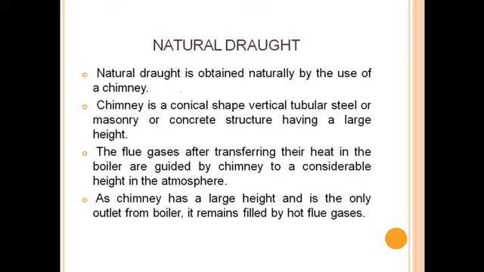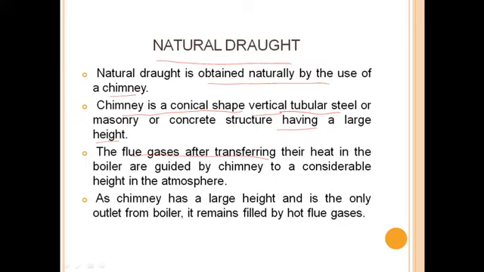In natural draught, the draught is basically obtained by the use of a chimney. Chimneys are conical in shape and are vertical tubular steel structures having a large height, and the flue gases, after transferring their heat in the boiler, are guided by the chimney to a considerable height in the atmosphere.